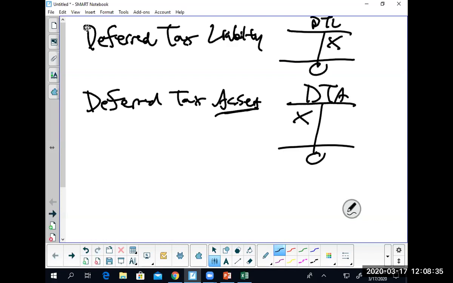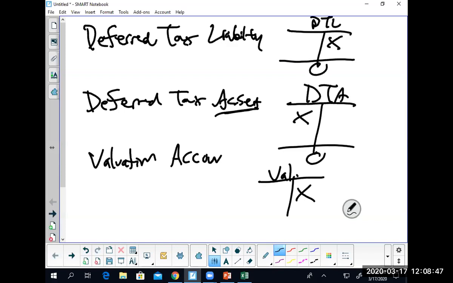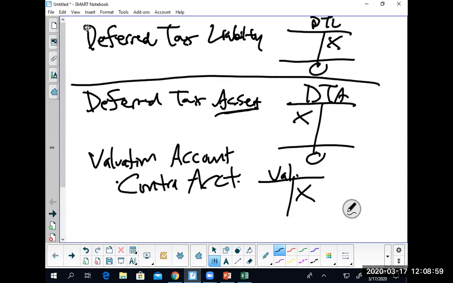And the fact this is an asset, that's where you have the valuation account. The valuation account is going to have what? A credit balance. Because that's a contra account. Valuation account, it is a contra account. All right, offset deferred tax asset. Don't worry about deferred tax liability. Liability is what it is.